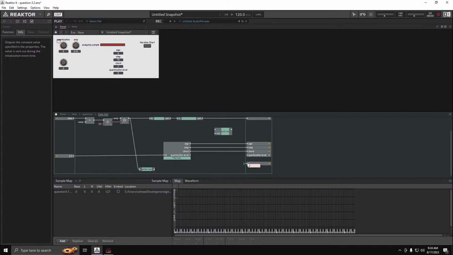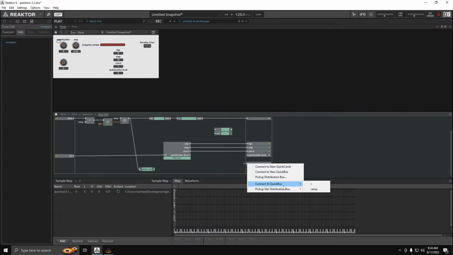Yeah, the sample rate clock is too quick. Shouldn't be though.